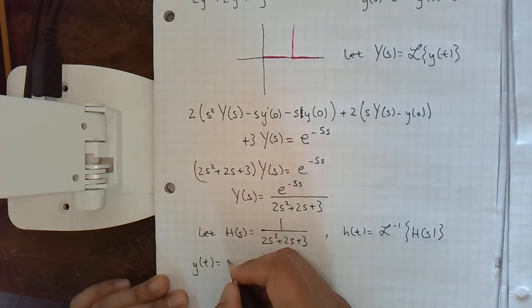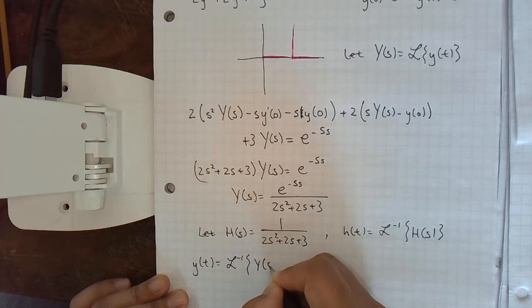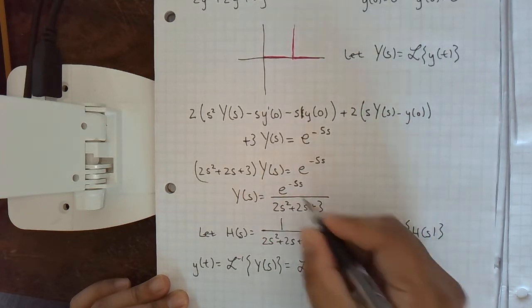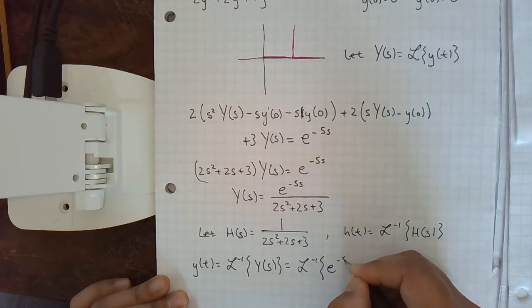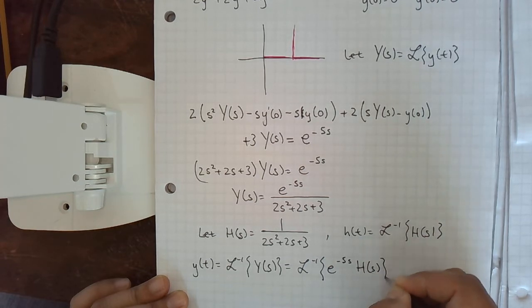So then y of t is going to be the inverse Laplace transform of big Y of s, which is the inverse Laplace transform of e to the negative 5s times big H of s.